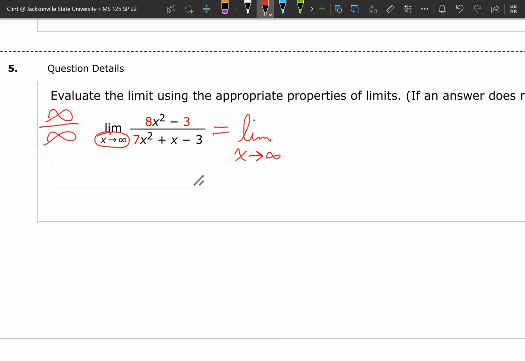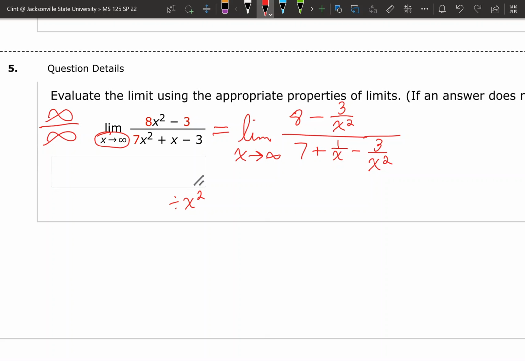So our biggest power of x in the denominator is x squared. So 8x squared divided by x squared would give us 8. Then we would have 3 over x squared. In the bottom, 7x squared over x squared would give us 7. X over x squared would give us 1 over x. And then minus 3 over x squared.